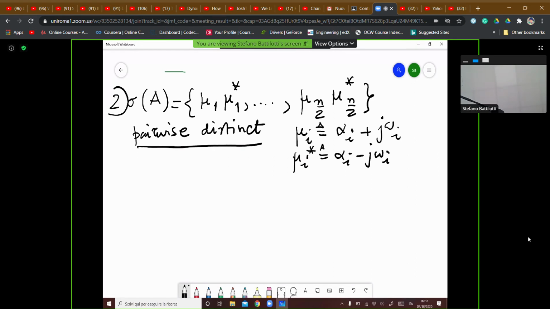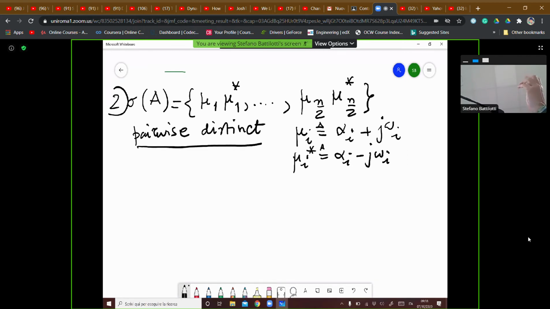We will see, however, that actually here it's a slightly different situation, because while in the case of real distinct eigenvalues, for each eigenvalue we have one eigenvector, here we have a pair of complex conjugate eigenvalues.